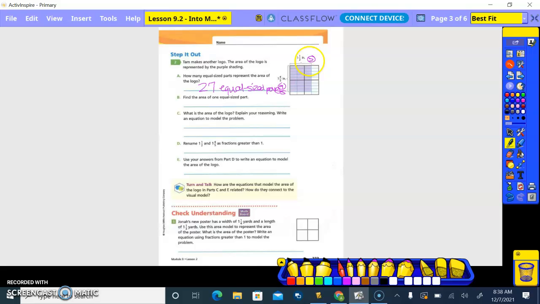So for 1 4/5, the unit fraction would be 1/5, right? And then the unit fraction for 1 1/2 would be 1/2. So that gets us 1/10. So 1/10 inches squared because they want the area.